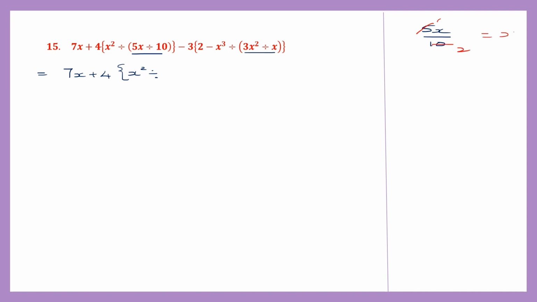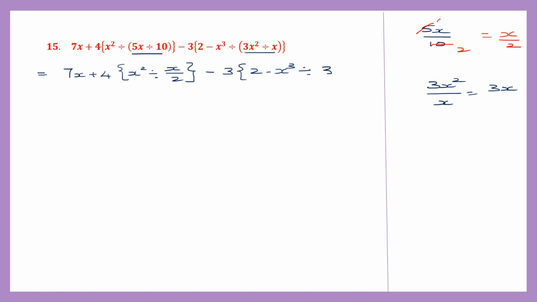So this becomes x by 2. So let's write that there. So that is x by 2. So we've removed the parenthesis, close the curly brackets, minus 3. Now here 2 minus x cube divided by, again we have the parenthesis, 3x square divided by x. The number is 3x square minus 1 here is x to the power of 1 or simply x.